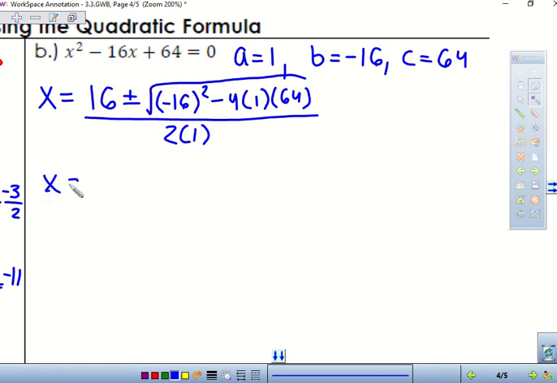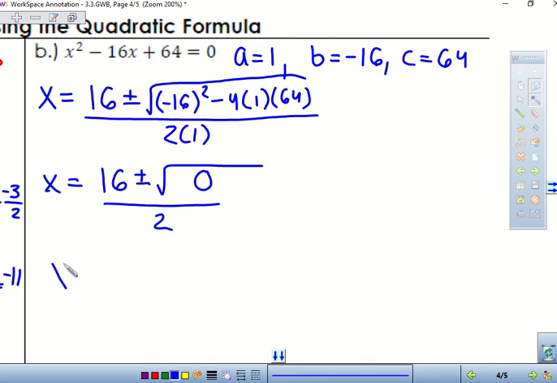That gives me x equals 16 plus or minus the square root of 0 over 2. So that's x equals 16 plus or minus 0 over 2.